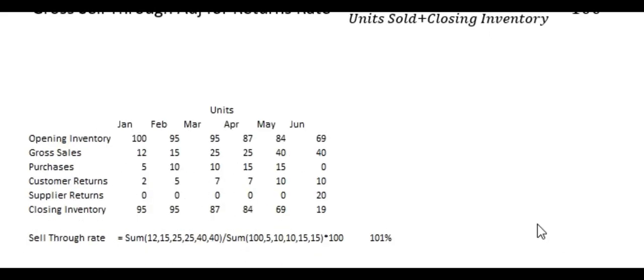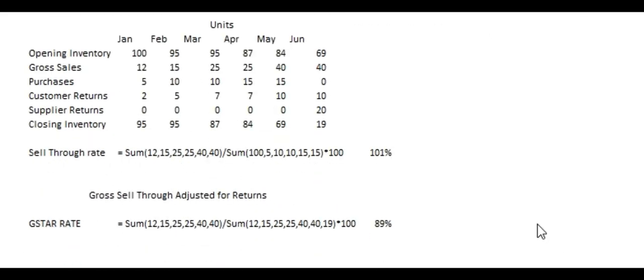Now, let's walk through an example and let's see the difference between sell-through and GSTAR rate. GSTAR being the short form for gross adjusted sell-through.